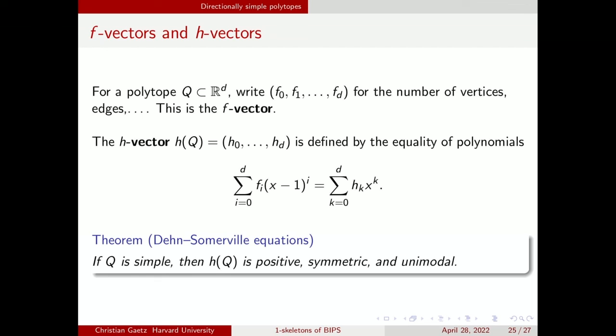Oftentimes, one only considers the h vector when one has a simple polytope, or if you're working in the dual setup, a simplicial polytope. Generally speaking, these are only nice to consider in those cases because of this theorem, that if Q is a simple polytope, the h vector numbers are positive, and they form a symmetric and unimodal sequence.